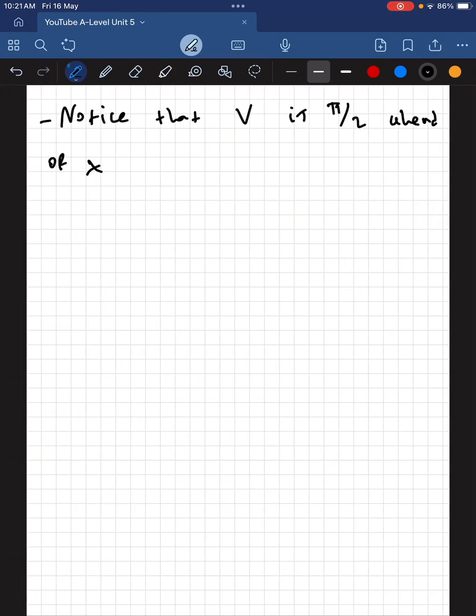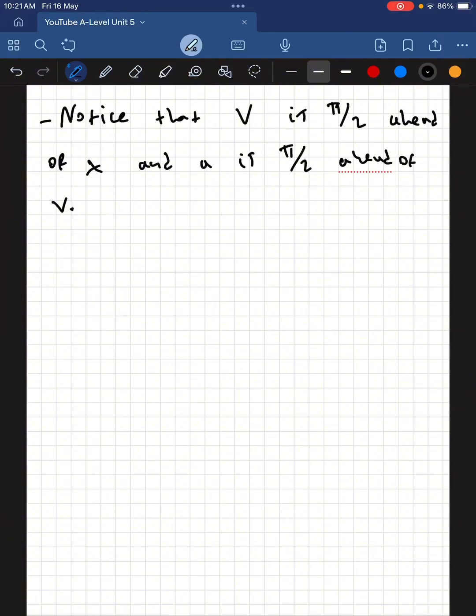And a, the acceleration, is pi over 2 ahead of v, okay? And I think we covered everything I wanted to say for now.